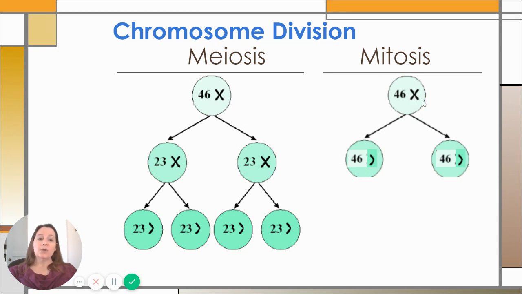Just like mitosis, it has 46 X-shaped chromosomes. Remember that these X's are duplicated chromosomes that happened in S phase of the cell cycle. So that's a throwback to the last unit, but the left side of this X is an identical copy of the right side of this X, and it was formed during S phase in the cell cycle.